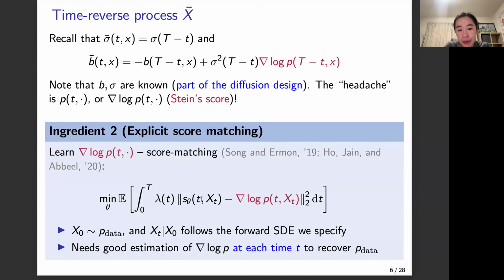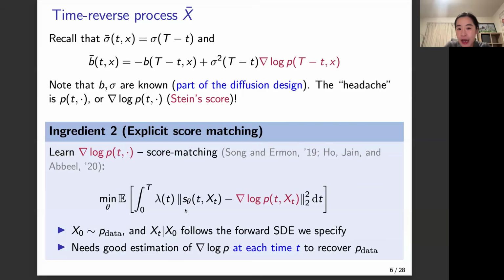So for the input of this loss function, we sample x0 from the data set, and then the conditional law of x_t given x0 follows the forward SDE we specify. Sometimes we can even get a closed form for x_t, and then we use many x_t's as the input to the loss function.